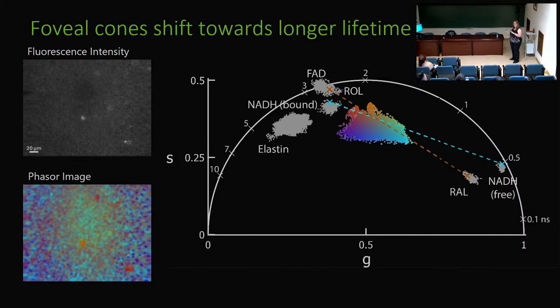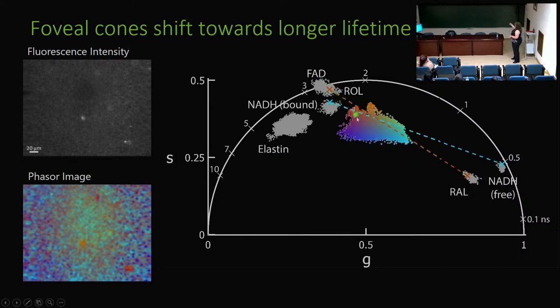I want to point out that in these cases, the fluorescence lifetime data is lower resolution than we are actually able to achieve with our typical AOSLO imaging. I'll come back to that as well. But what you can see very clearly is the rod peak has disappeared, and the whole cluster has shifted up towards the retinal.